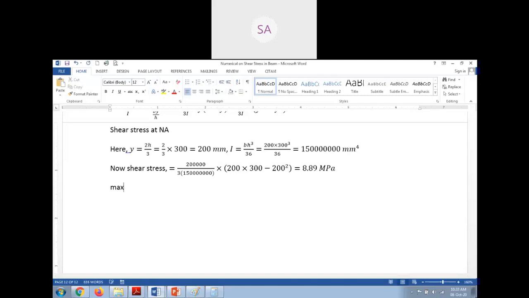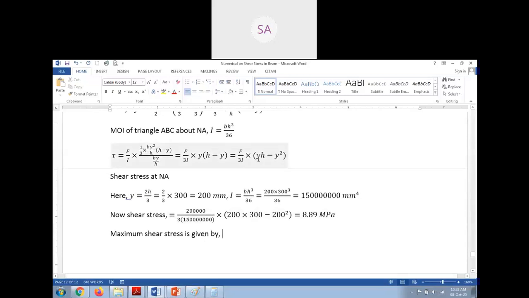Now I have to find the maximum shear stress on this section. The maximum shear stress is given by, see, this is my generic expression for shear stress. I just have to differentiate this expression with respect to y and equate it to 0.